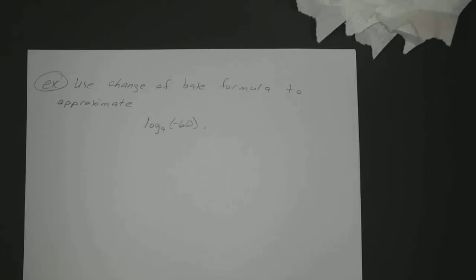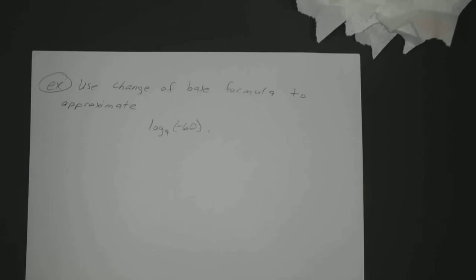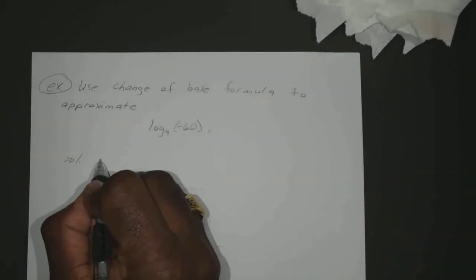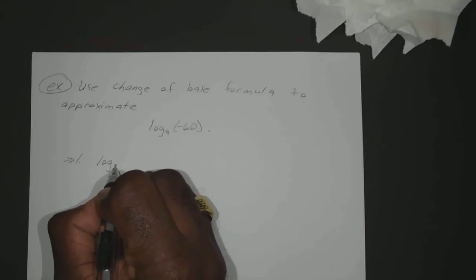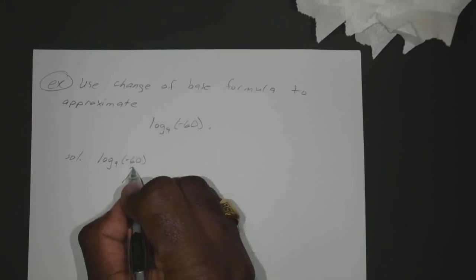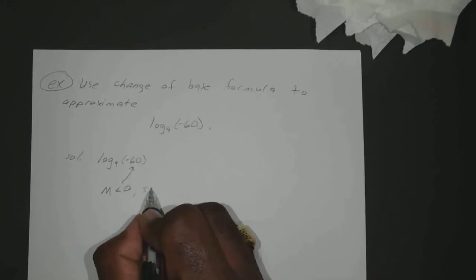Okay. So this one you don't have to do a thing. Because remember, that always has to be positive. So the minute they throw a negative number in there, it's undefined. So log base 9 of negative 60. In this case, m is less than 0.